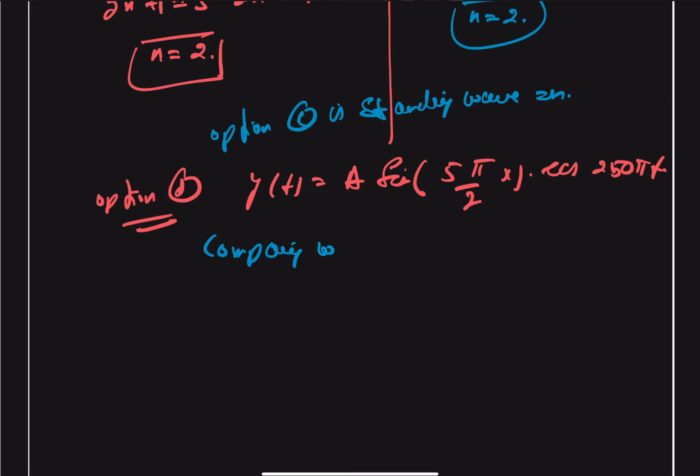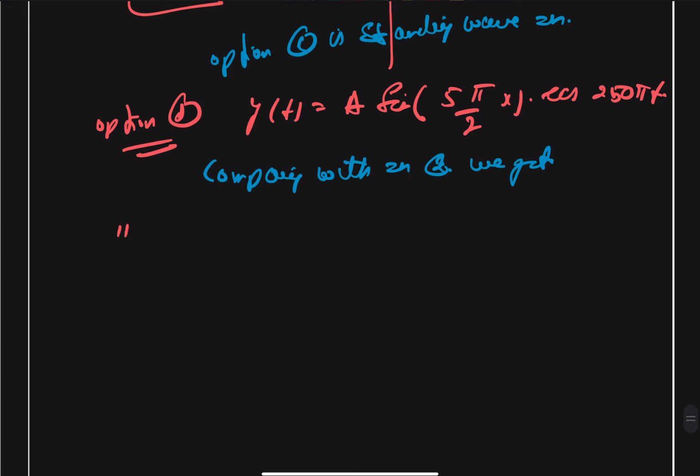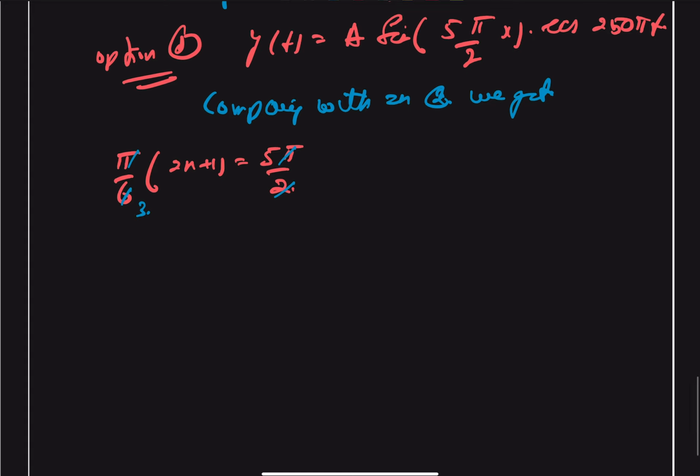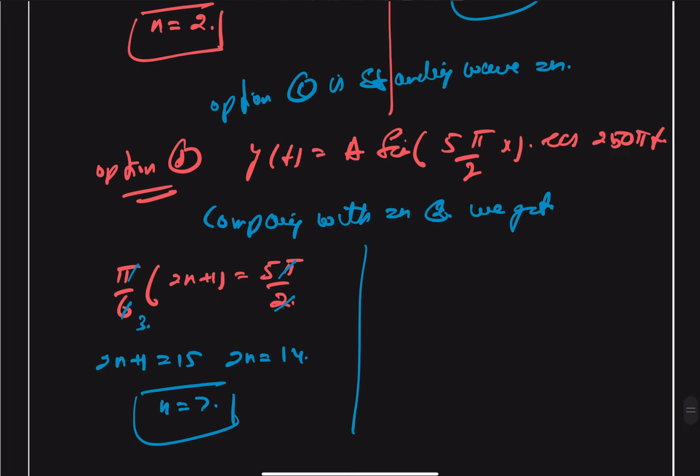We can say this is pi by 6, and 2n plus 1 will be equal to 5 pi by 2, and pi goes with pi, this goes by 3, so we get 2n plus 1 is equal to 15, 2n is equal to 14, or n is equal to 7, which is a natural number.